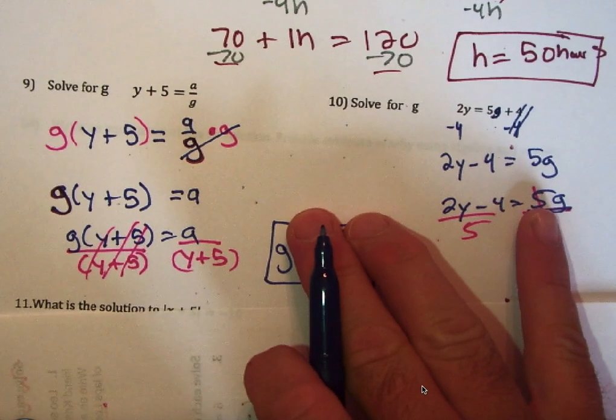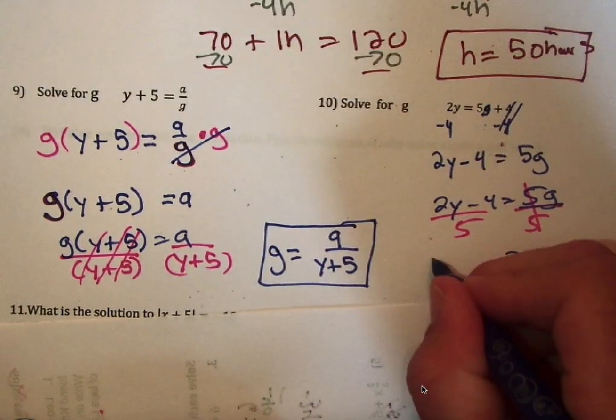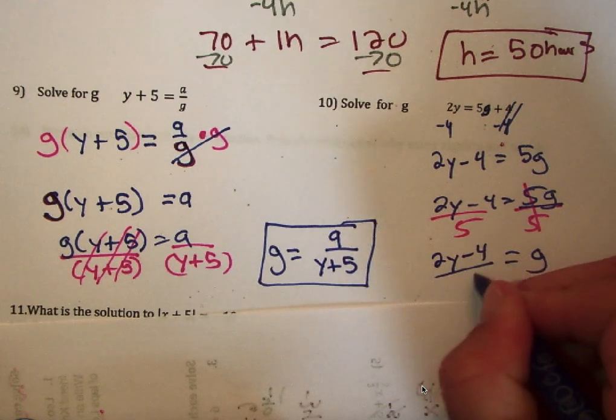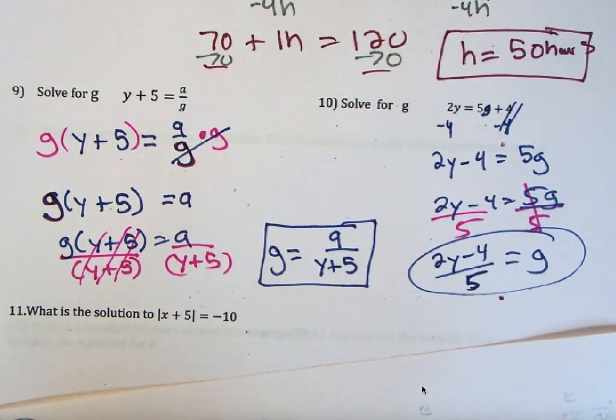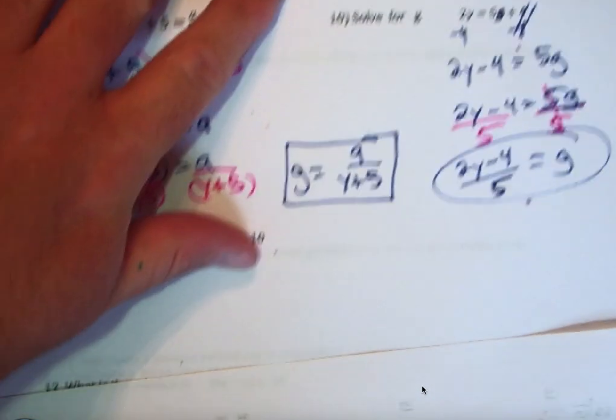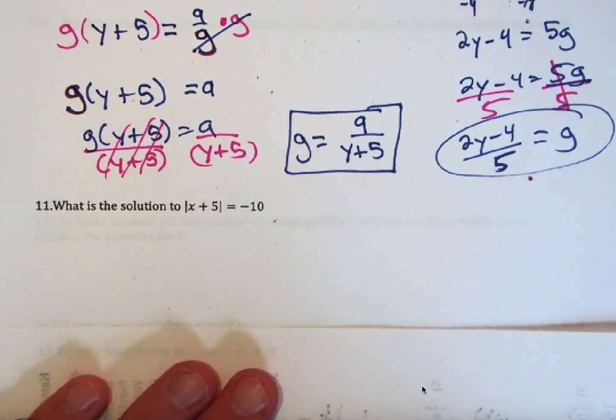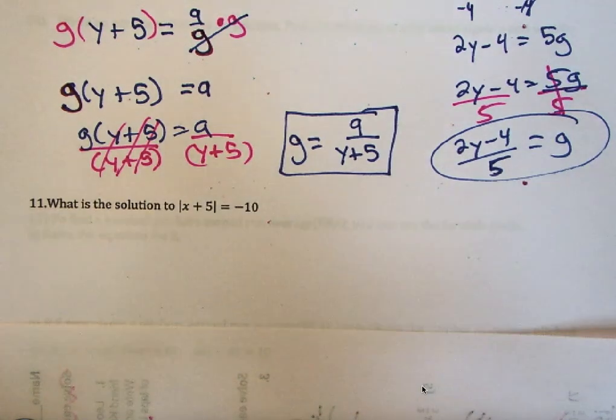And now you have g equals 2y minus 4 over 5. And there we go. So hopefully those make sense. You can always ask me questions in class. Find time after school or in lunch.